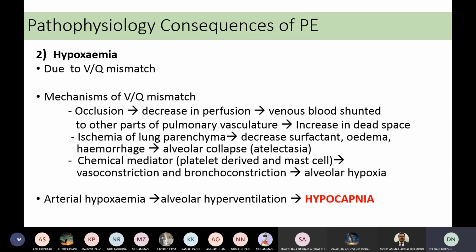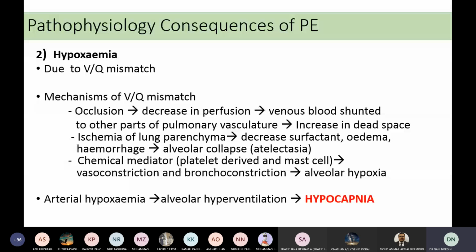If you are talking about a place where there is low perfusion but increased ventilation, the oxygen saturation in the blood vessels that flow to that area is actually quite high, isn't it?